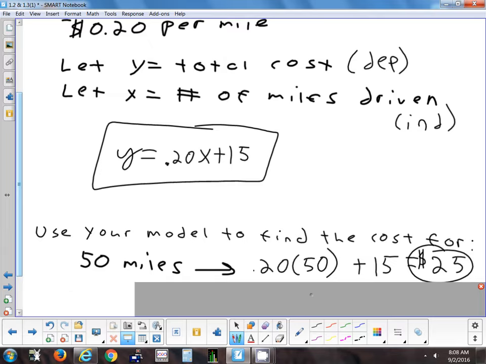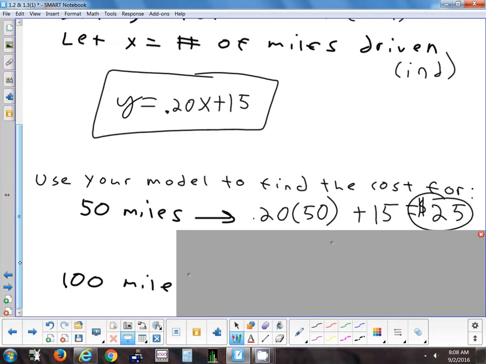All right, let's do the cost for 100 miles. Now, can I just take the cost for 50 miles and double it to get 100? Many people think we can just do that. Just take 50, double it, and there's 100. Those that don't think you can do that, why not? If I drive twice as far, why wouldn't it cost twice as much? Yeah, Zach.